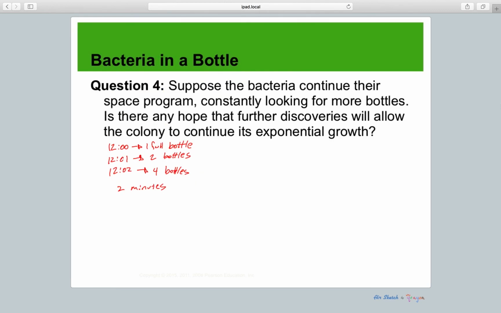And so this is just to illustrate, if you continue this process, in about 5 hours, if we estimate a bacteria takes up about 1 cubic millimeter of space, in about 5 hours, this would fill the known universe.